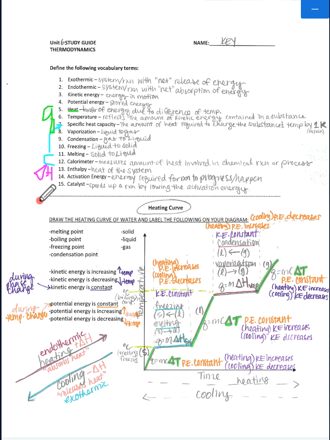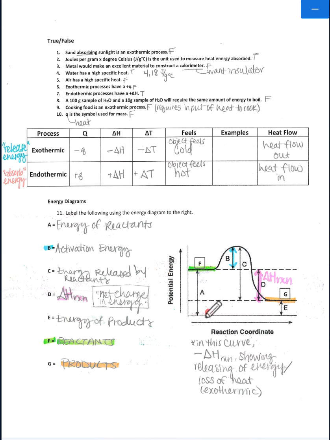Activation energy. So we'll see this on the next page, which I guess I can go ahead and slide over. But it is the energy required for the reaction to progress. So right here, I'm on the second page real fast, and I just wanted to show you. If you're looking here at my little reaction curve, it is starting with F, this little green line, okay?